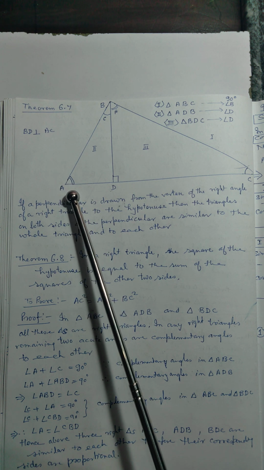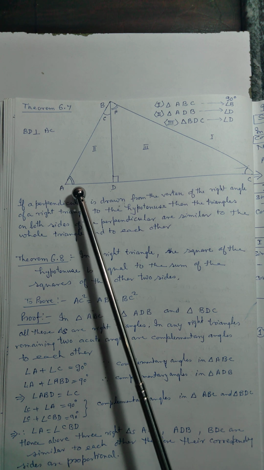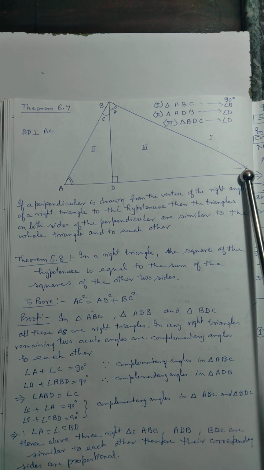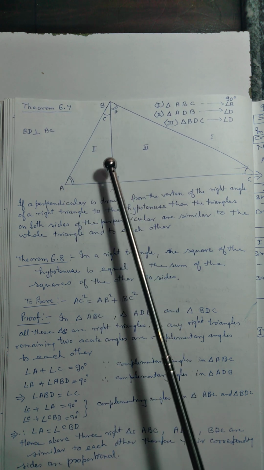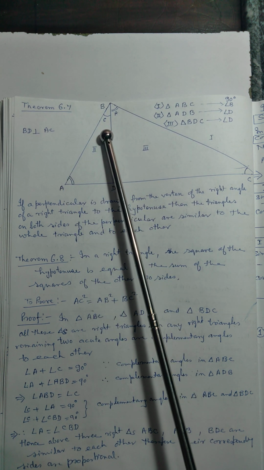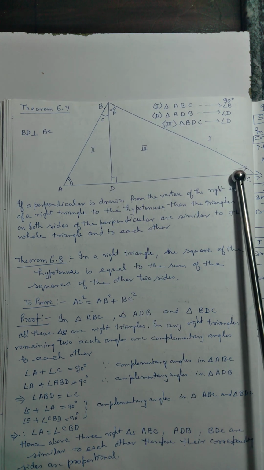So we are getting that angle A has got two complementary angles, that is C as well as ABD. So that is why I have written here C. Means this angle will be equal to angle C.